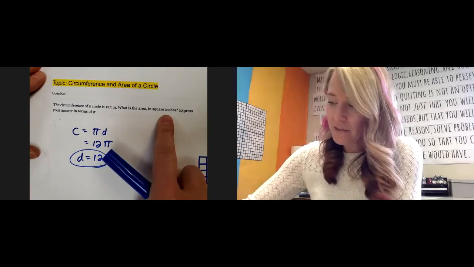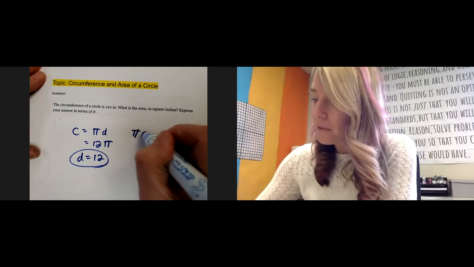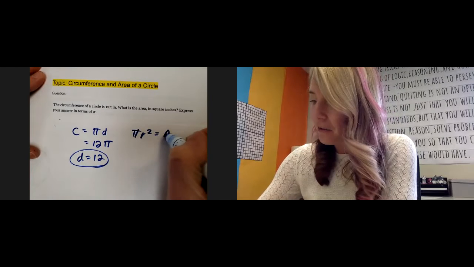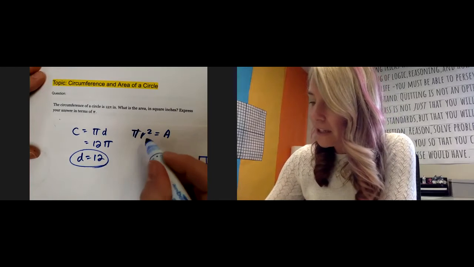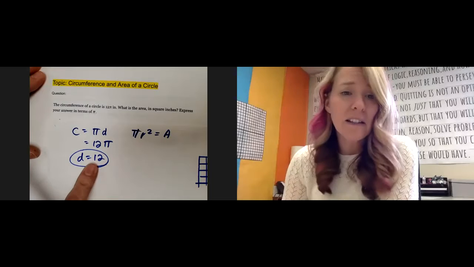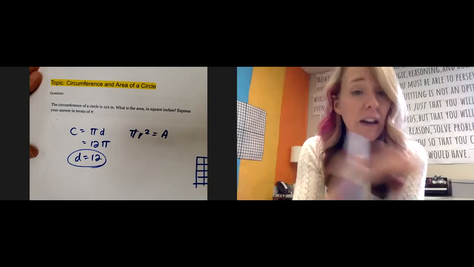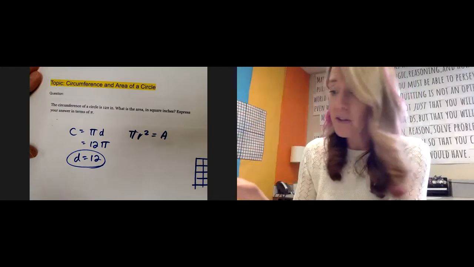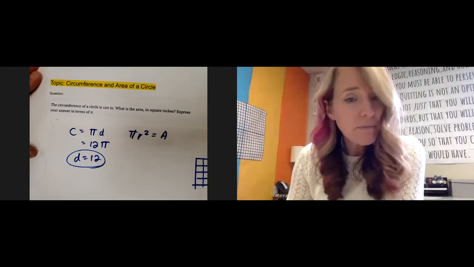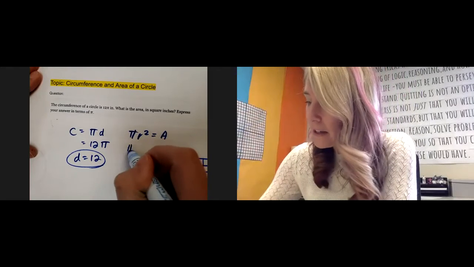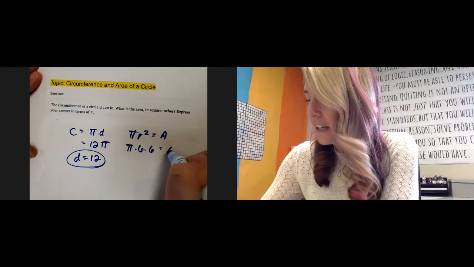What's the area? I know that pi times the radius squared is going to be my area. You might say, I don't know my radius, I only know my diameter. Yes, you do. Your radius is always half the diameter. It's halfway across the circle. So what's half of 12? 6.